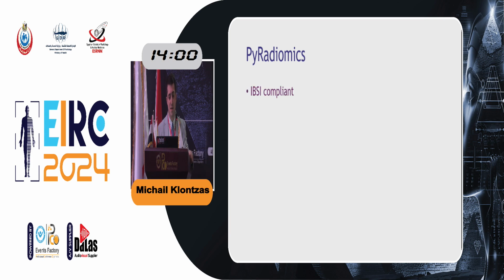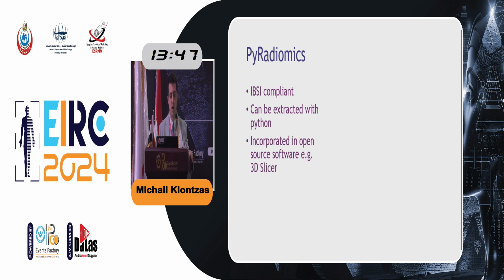PyRadiomics is basically a set of tools which is IBSI compliant, complies with the guidelines set by the IBSI, and gives us the ability with Python, with coding, to extract features that can be extracted using open access software, for example, 3D Slicer.